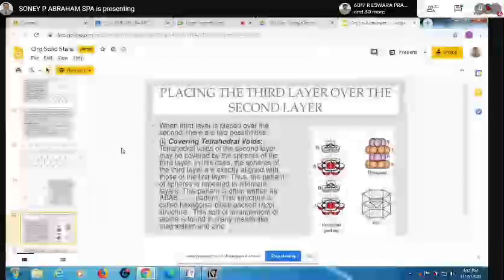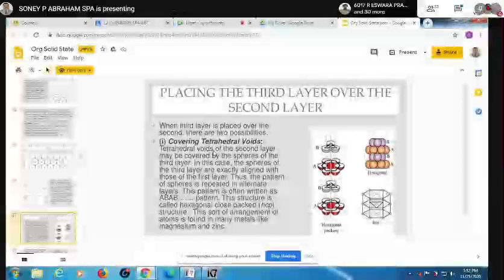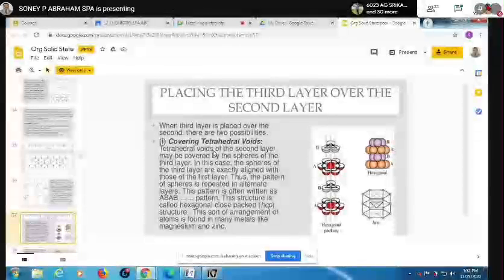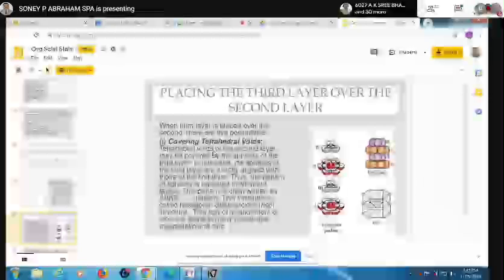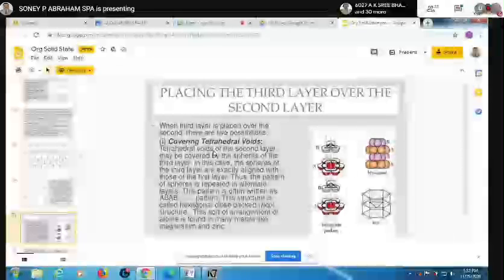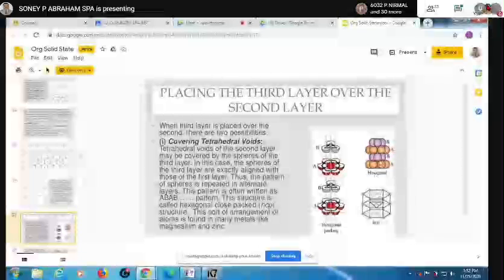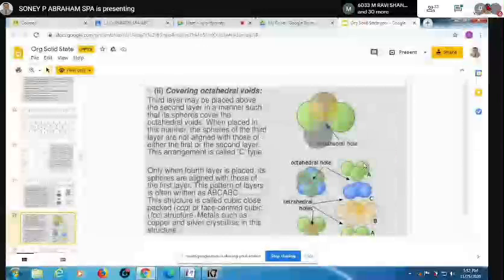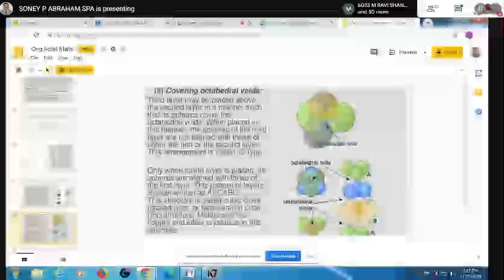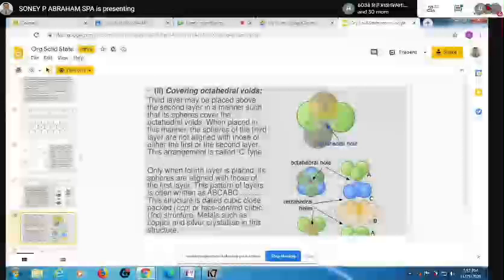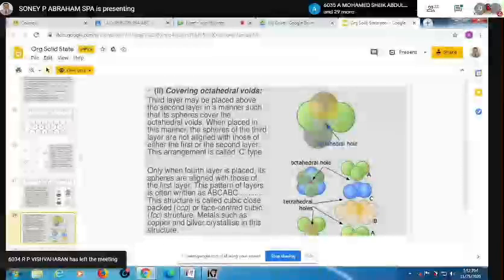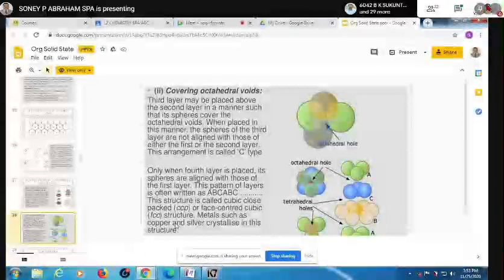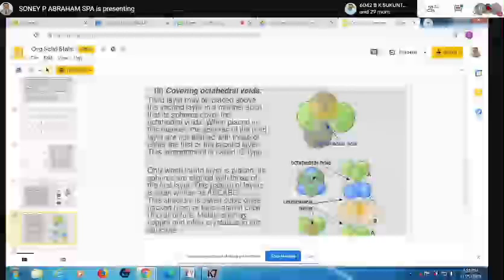And covering the tetrahedral voids, all these things we have discussed. AB type pattern will lead to HCP, hexagonal close pack structure, which is seen with magnesium and zinc. This is hexagonal close pack structure, AB type packing. Then ABC type structure will be called CCP or face centered cubic structure, and copper and silver crystals have such a structure.